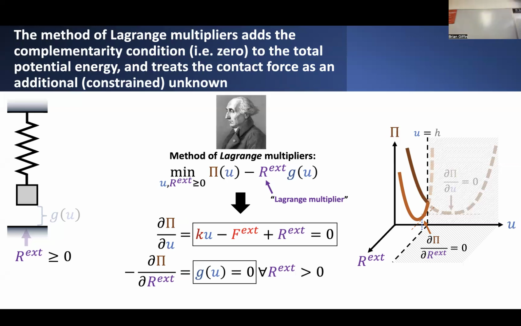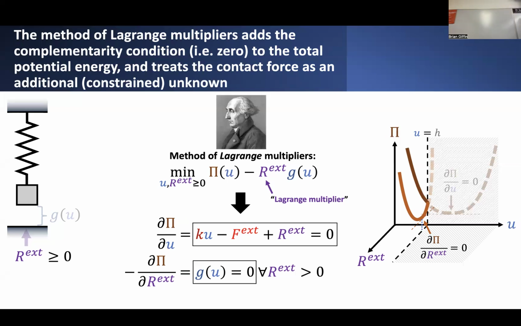But the idea of these Lagrange multipliers is that they effectively constitute an additional variable that we have to solve for, and which is subject to minimization in this new problem that we pose. So we're solving an optimization problem, and we introduce this additional variable such that we include the complementarity condition directly in this optimization objective that we're trying to solve.